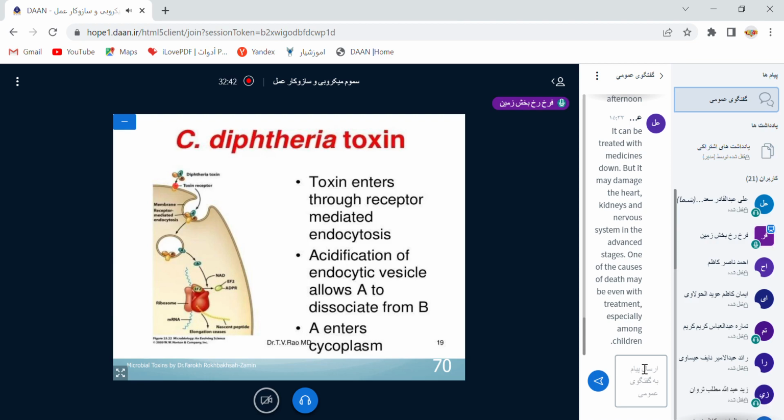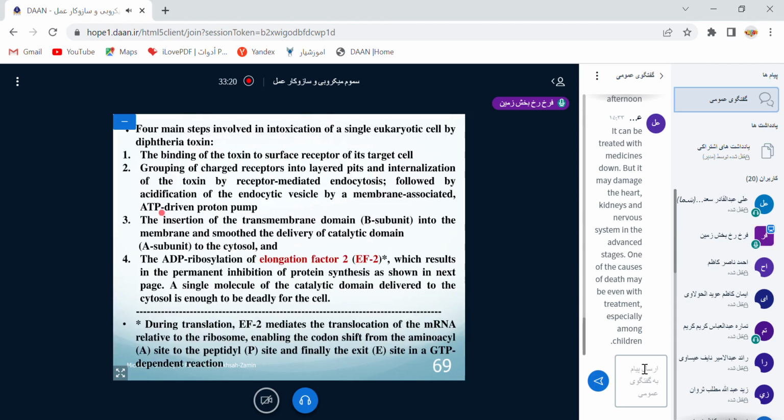So by attachment of toxin by B subunit to receptor, endocytosis starts, then acidification of phagosome, A subunit can come out, B subunit returns back outside the cell, A subunit attacks EF2, and then there is no translocation and there is no protein synthesis in our body's cells. Okay, it can kill our cells.